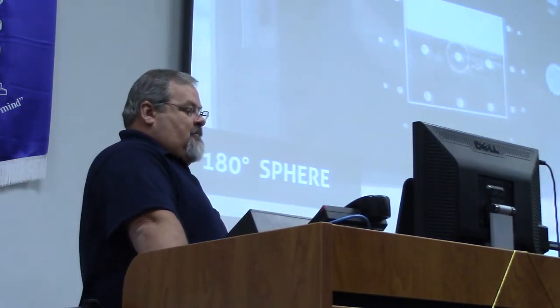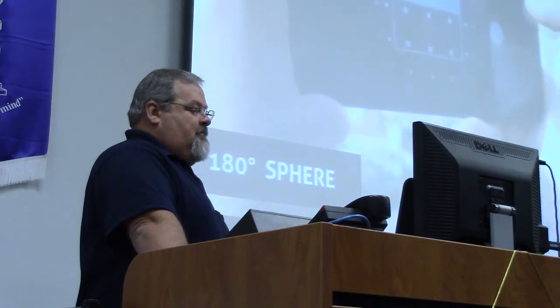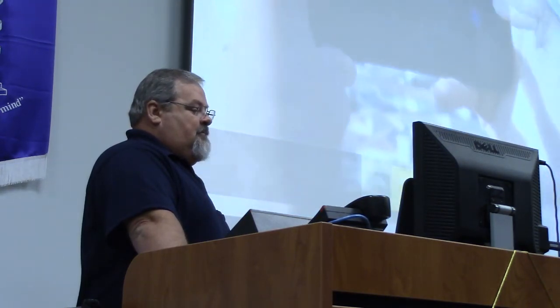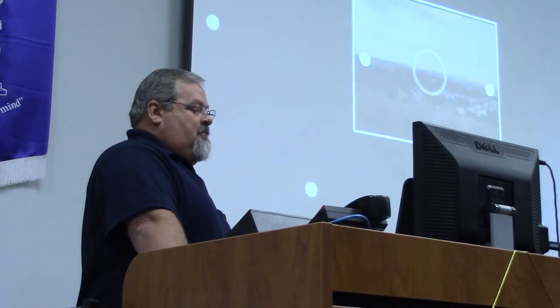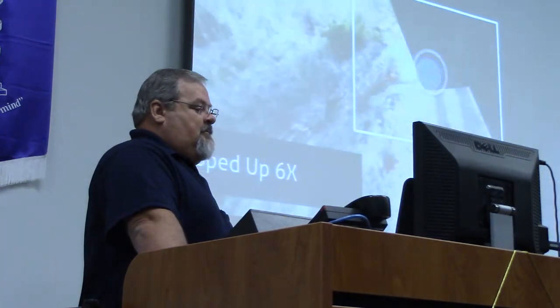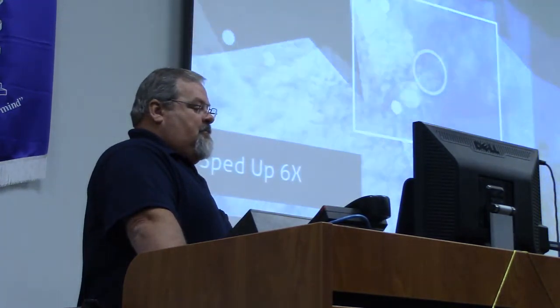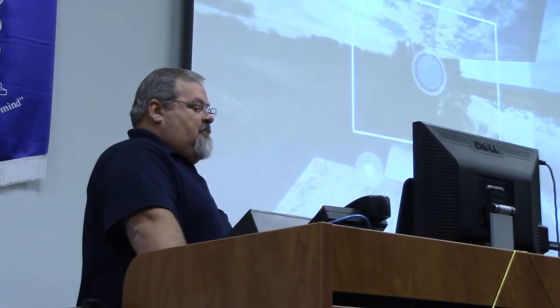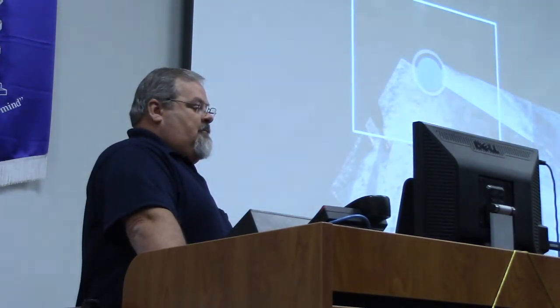And now this last one is full 360 sphere. This is really sweet too. So let's start in the dead center, hit go. This one takes a little bit longer, but at the end, it looks really cool. Boom.